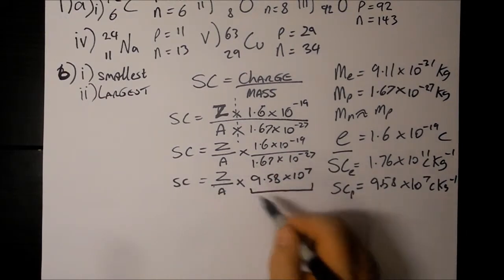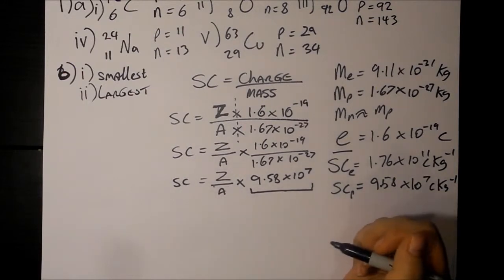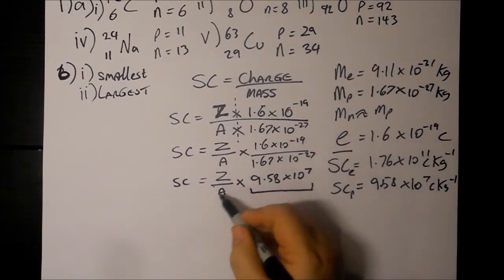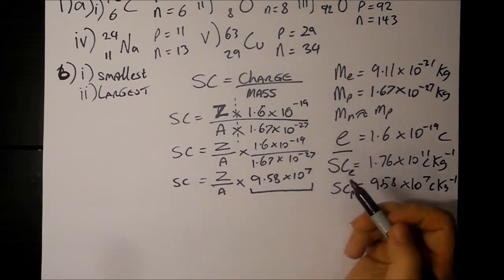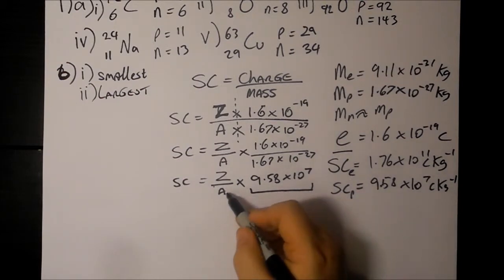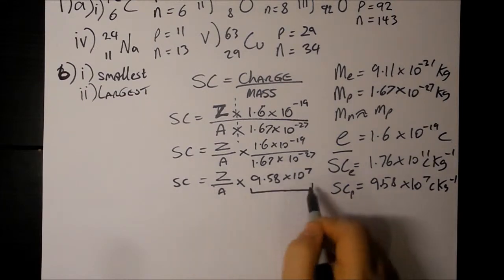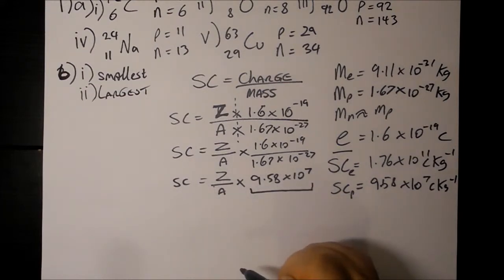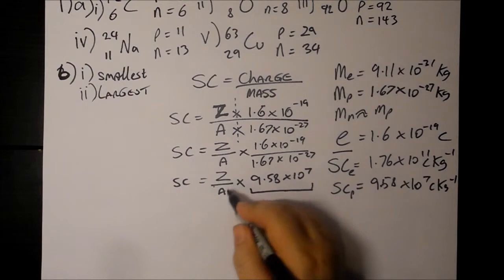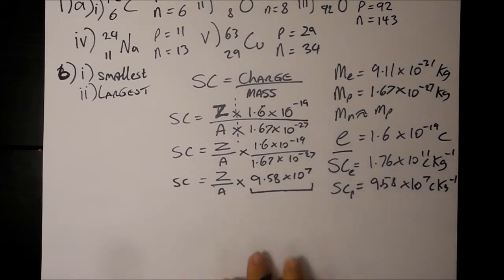The bigger the number we times the constant by, the bigger number we get out. The smaller this number here that we times the constant by, the smaller we get out. If we get a number that's less than 1 here, we'll get a number out that's less than this value. So let's have a look at this in a little bit more detail.